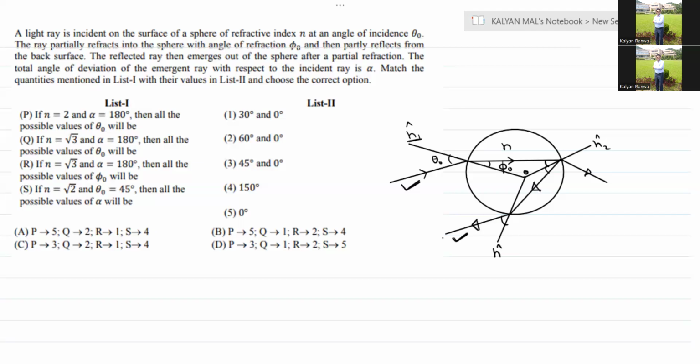In this question, first of all, we write the total angle of deviation.